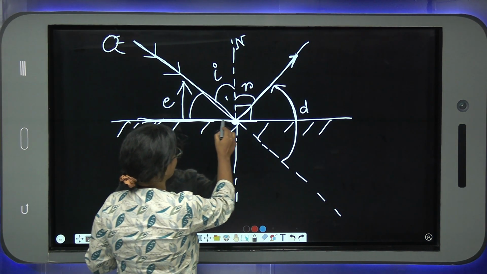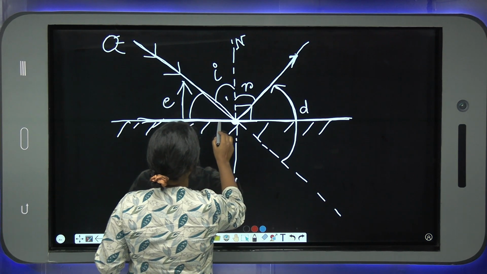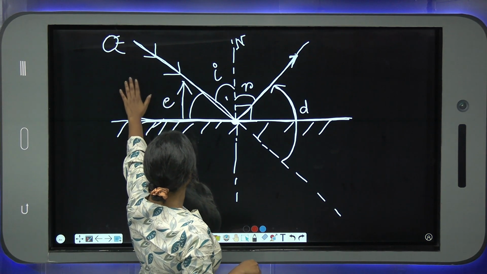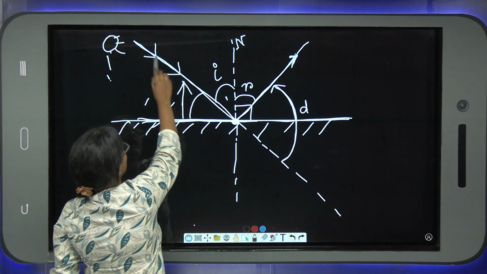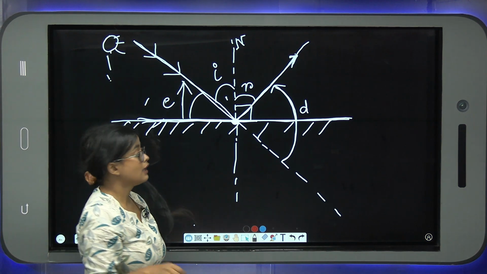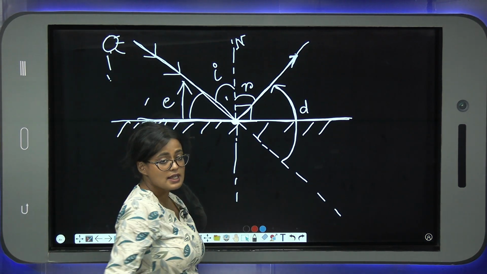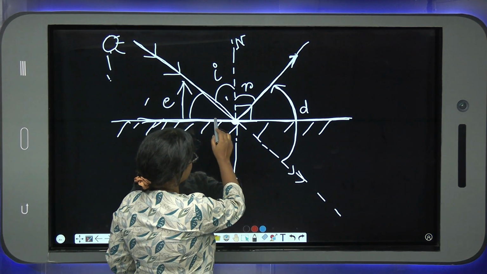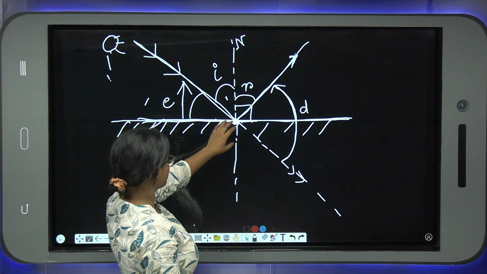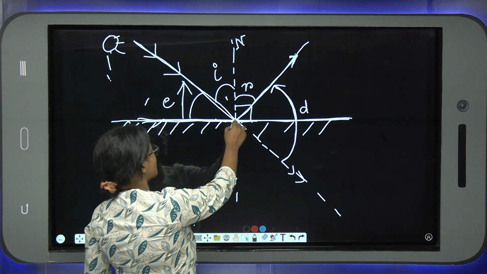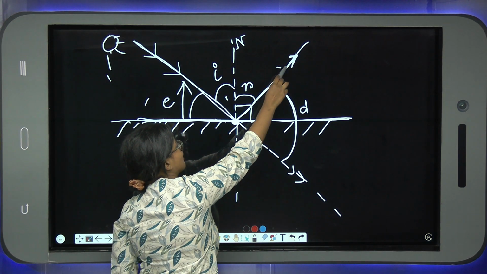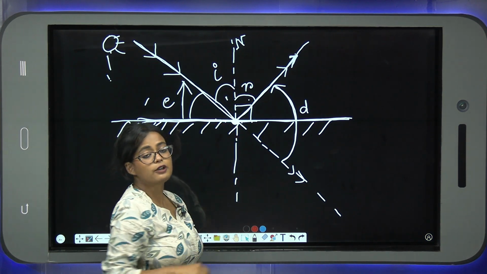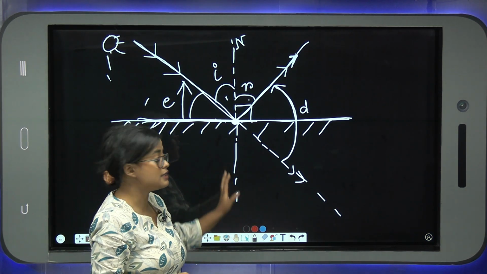This is how a plane mirror works, or a plane surface of a mirror, or simply a plane reflecting surface. We have a source of light here, then there is this incident ray. It falls on the point of incidence. It was about to travel through its straight line if the surface wasn't present, but due to the reflecting surface, from the point of incidence it gets reflected away in this direction, making an angle R with the normal drawn at the point of incidence.